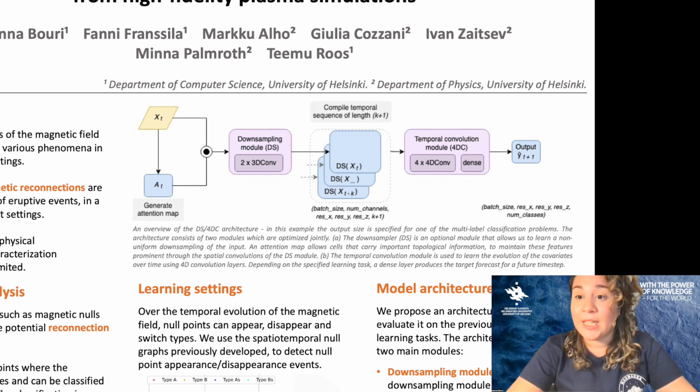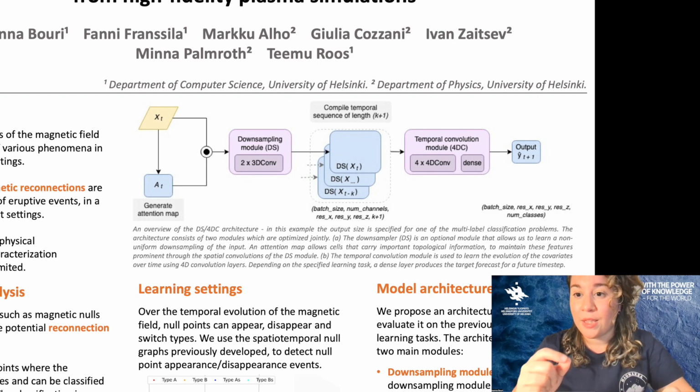The first module is a downsampler that essentially learns a non-uniform downsampling of the input. And in this module, we use an attention map that works such that for each cell in the input grid, if the cell contains a null point, it will be assigned a higher weight in the attention map.